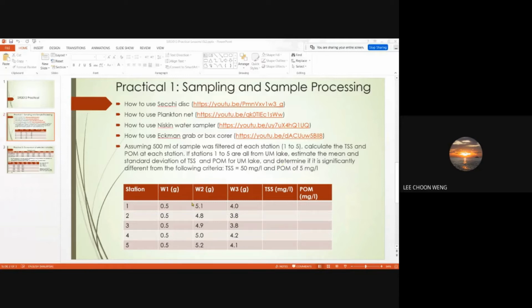How much organic matter will be burned off when you place it in an oven at 500 degrees Celsius for 2 to 3 hours. So the weight loss represents POM. The weight loss will be this minus this, then divided by 0.5. That will give you your POM. Very straightforward.